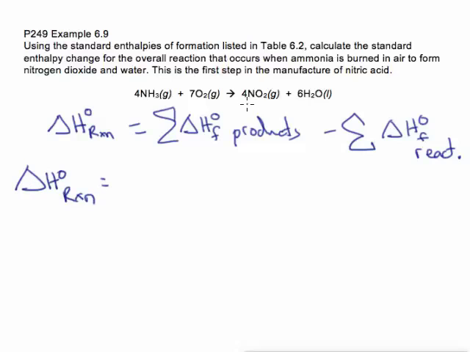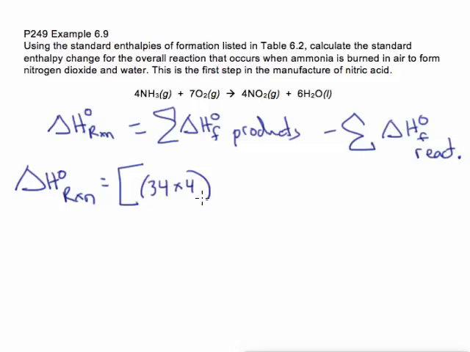If we look at our first product, NO2, we can look up that the standard enthalpy of formation for nitrogen dioxide is 34. But we don't have one nitrogen dioxide, we have 4. So I'm going to put brackets because I'm going to need 34 times 4.